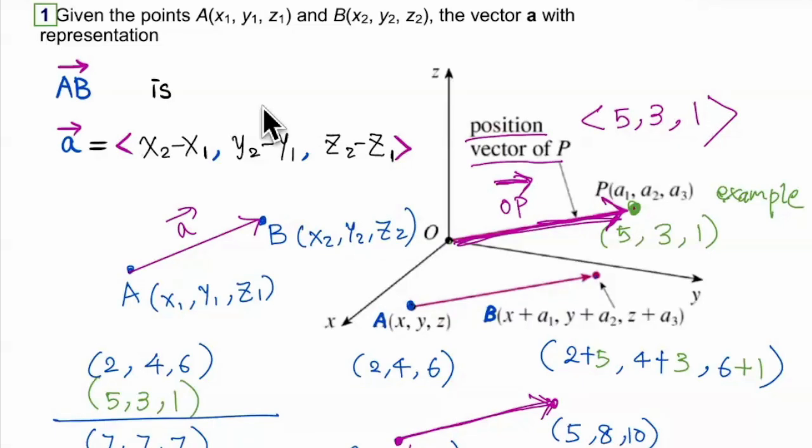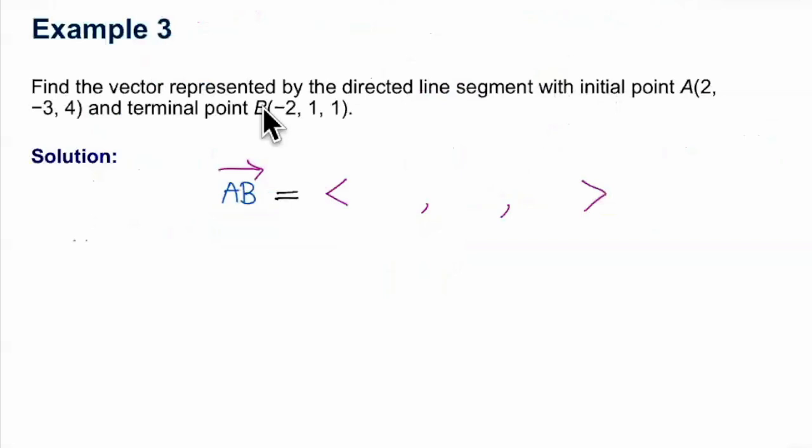Okay, so go back to this one. We have the initial point and the ending point. What do we do with the components? Terminal minus initial.